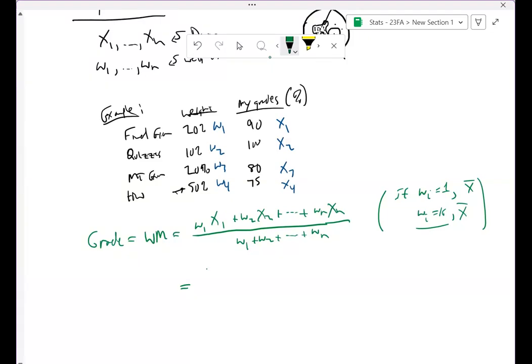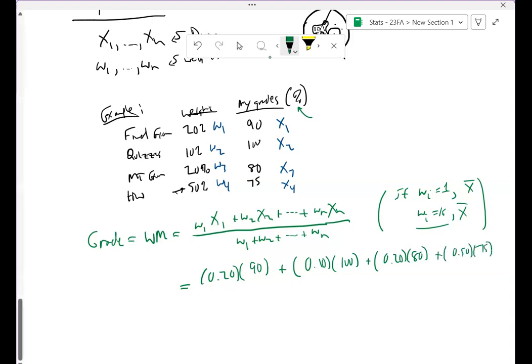It'll be the first weight, which I'll write as 0.20, times the first grade of 90. And I'll just keep in mind that the answer at the end is going to have units of percent, because that's what my grade's units are. A weight of 10% times 100, a weight of 20% times 80, and a weight of 50% times 75, divided by the sum of the weights.